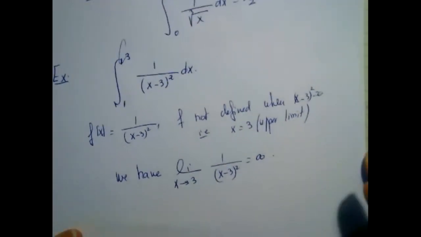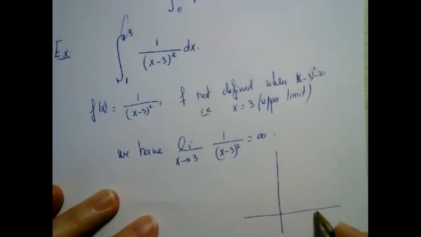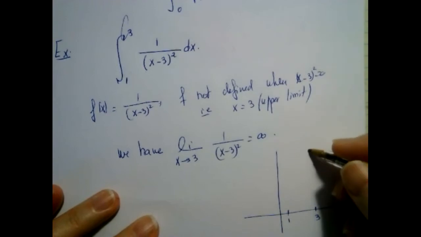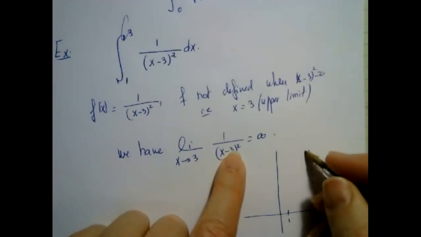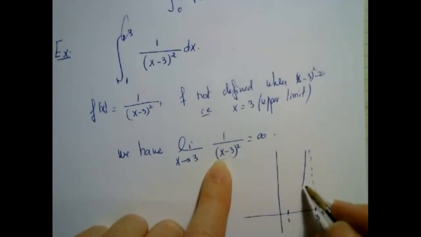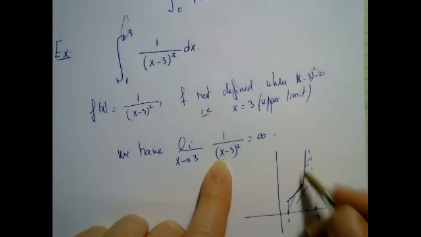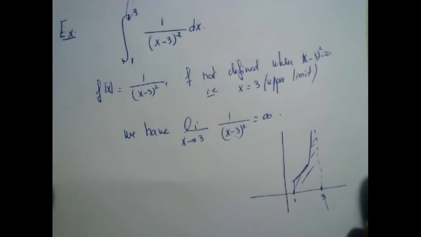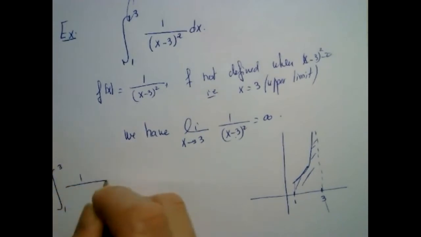So the function does blow up at one of its limits. And graphically, this is going to be the picture. This is my 3. My 1 is here. At 3, because it's a square, the function is going to go to plus infinity. And at 1, it's going to be 1/4. That's my graph, if I graph it correctly. That's my infinite area. So now we have to compute this. So we use the definition over and over.